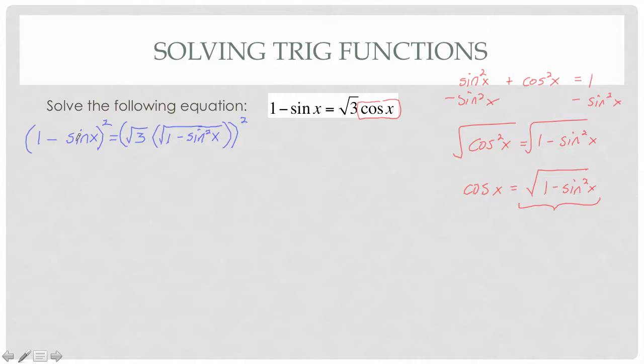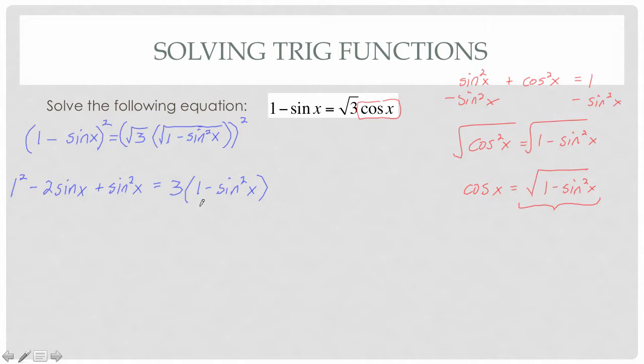On the left side, I got a binomial, so we got 1 squared minus 2 times the sine of x plus sine squared of x, that's what we do when we FOIL this thing out, equals, I'm squaring all this, so the square root of 3 squared turns into 3 times, all this was square rooted, but it undoes with the squaring, so now it's just 1 minus sine squared of x.